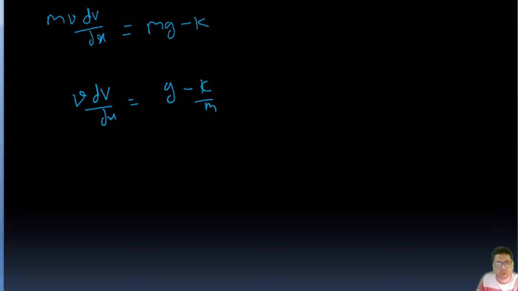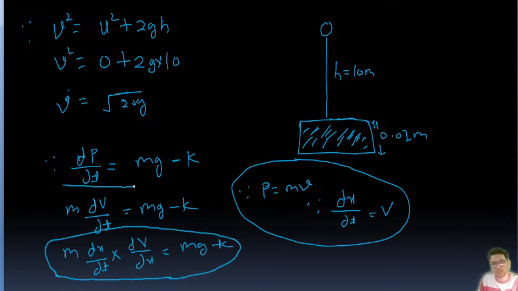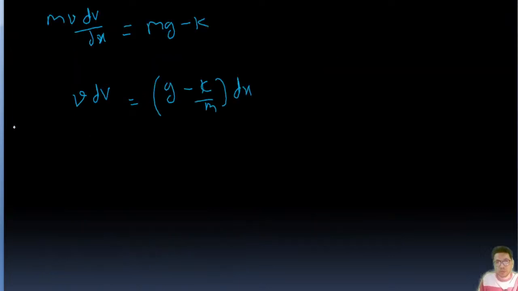Or we can write v dv equal to, dx will go here, g minus k upon m dx. This step is a very important step, guys, because this equation is the second law of motion, where this force is equal to this force. Well, now we can integrate it, right?